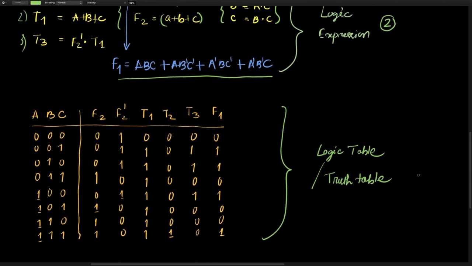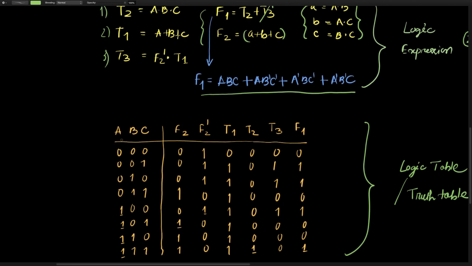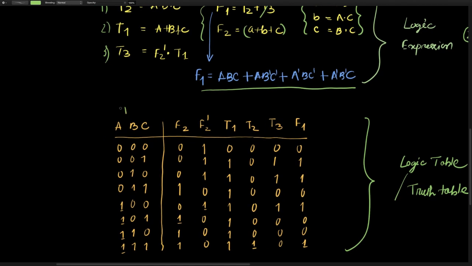The third and final step is to formulate the logic table, or the truth table. This is simple. You take the inputs on one side of the table and outputs on the other side. You have to evaluate each expression manually and tabulate them according to the particular combinations.